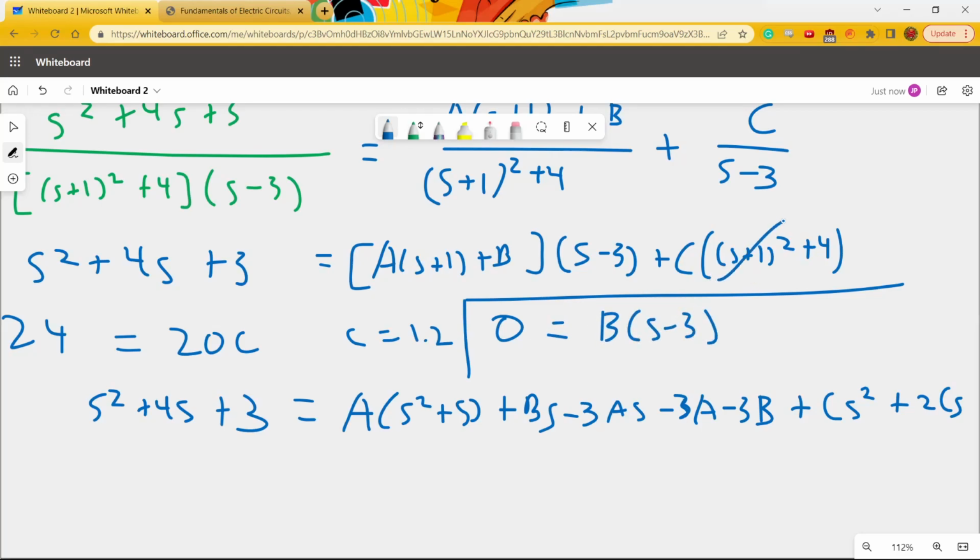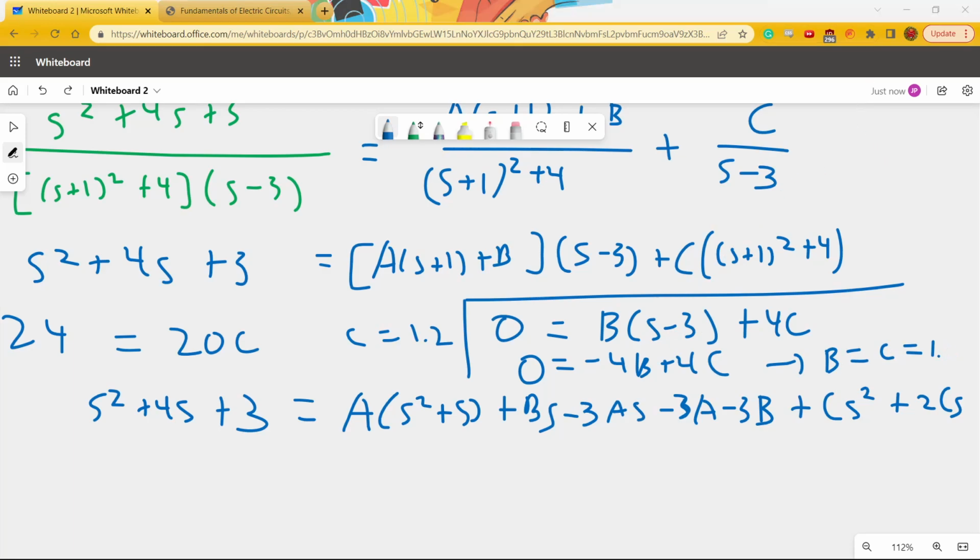And then this -1 cancels out this bit, so we're just left with plus 4c. Since we plugged in s equals -1, we get -4b plus 4c equals 0, and because we know that, this means that b equals c, which means b also equals 1.2.